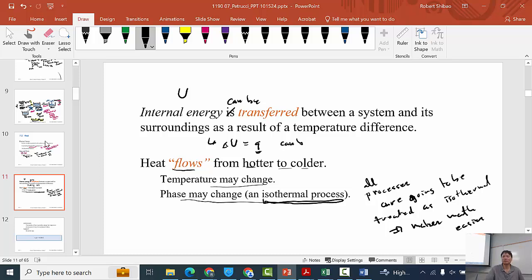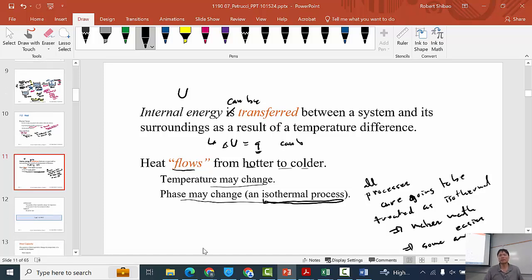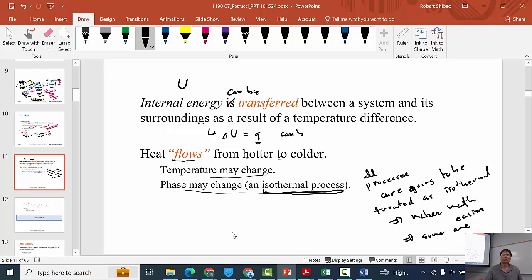And most are. Some are already isothermal processes. So what isothermal means is that the temperature does not change.